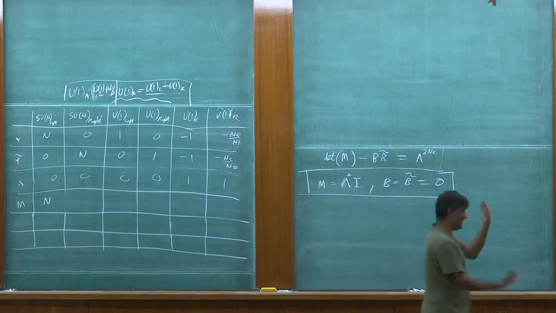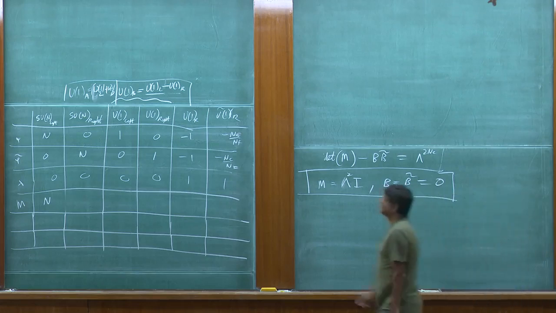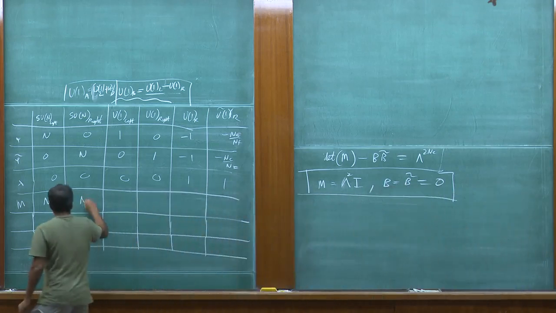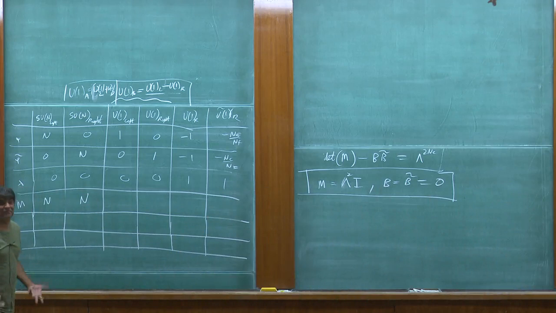It's got a bilinear index, so it transforms in bifundamental of SU(NF) times SU(NF). So it transforms as N under SU(NF). I don't need to say in this case whether it's NF or NC because they're the same. Okay, N under SU(N).